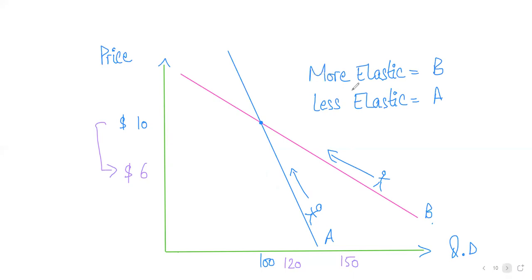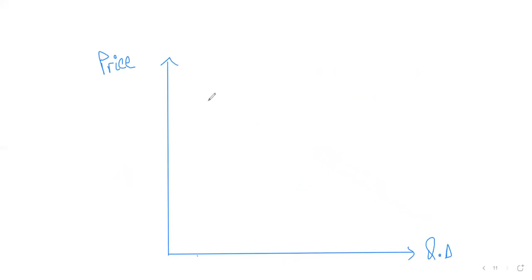So I just told you that more elastic would be less steep. Out of these two, we can clearly tell that this blue one is less steep.